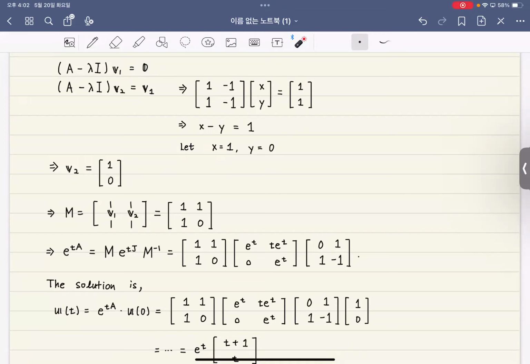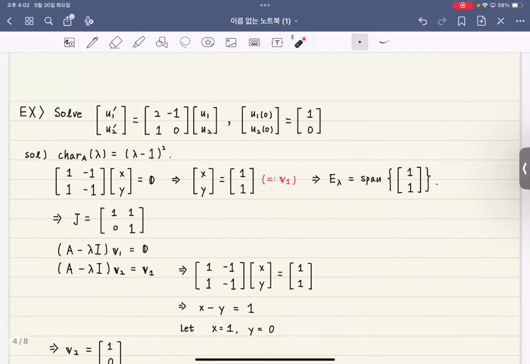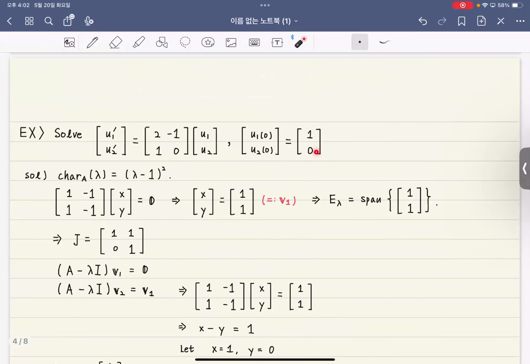Now I can finally solve this initial value problem. The solution of this system of differential equations is the matrix exponential of A times the initial condition. This is my matrix exponential, and this is my initial condition.